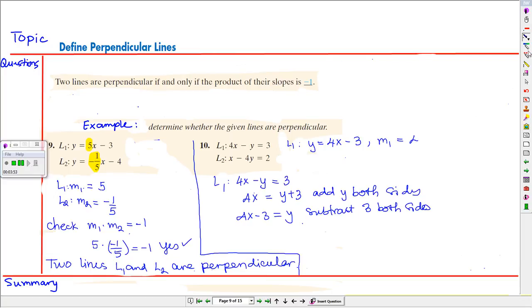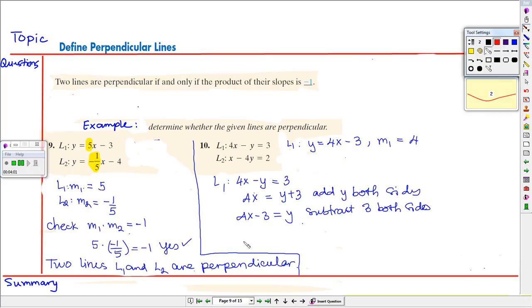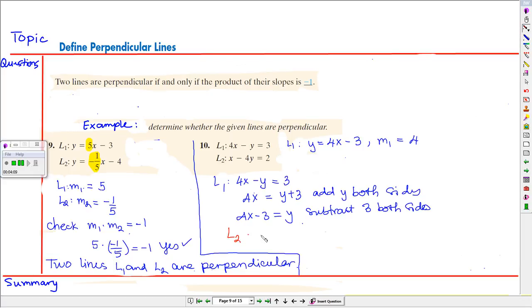Now we are going to repeat the same process to find the equation for L2 in slope-intercept form. Our L2 equation is x minus 4y equals 2. For the first step, I'm going to add 4y to both sides. I have x equals 4y plus 2.